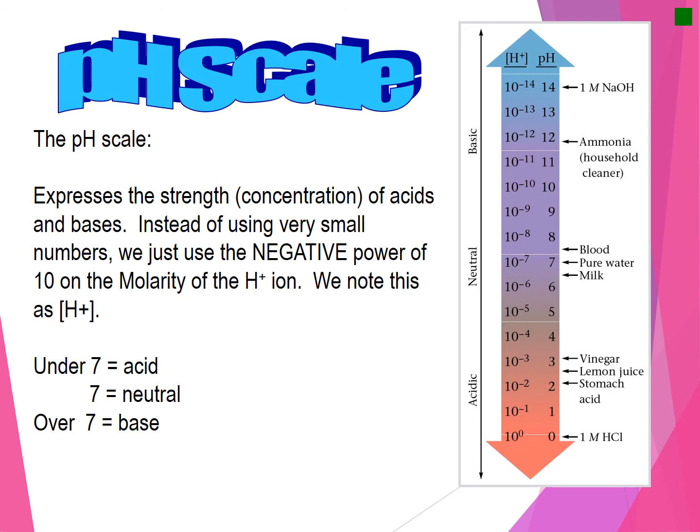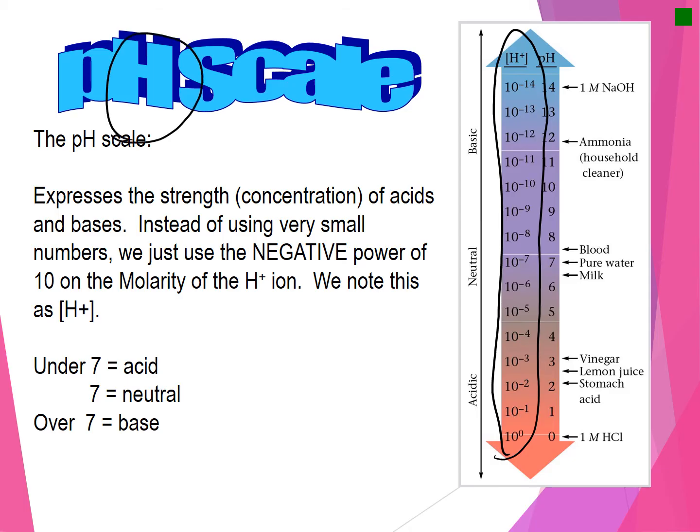So what is this pH scale? The pH scale is an expression, a different way to convert the concentration. For pH, it's the power of hydrogen. So what it's doing is converting this concentration of H plus into a basic 0 through 14 scale of pHs. Okay, so it goes from like 0 to 14.